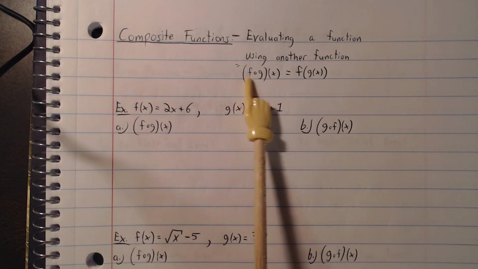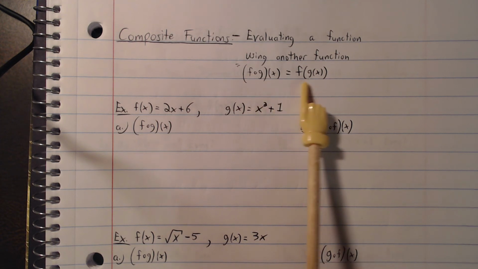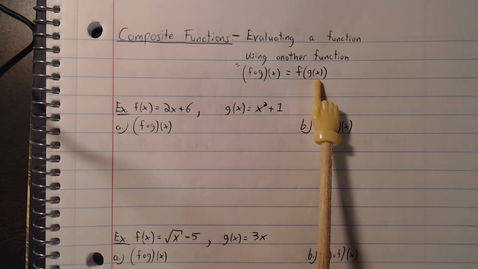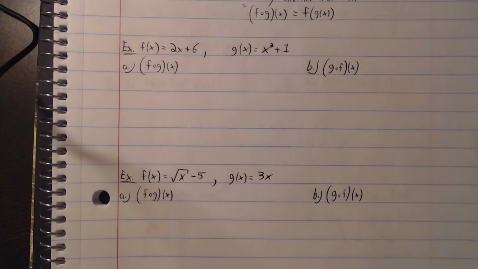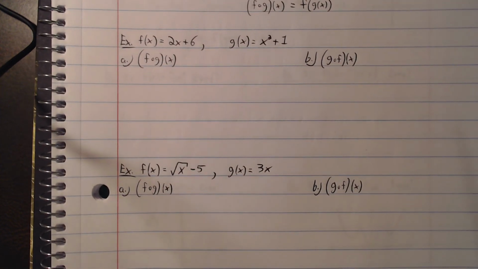When you see f of g of x, it means that we're taking the function g and plugging it into f. How does that look? It looks something like this. Here we have f of x equaling 2x plus 6, and we have g of x, which is equal to x squared plus 1.